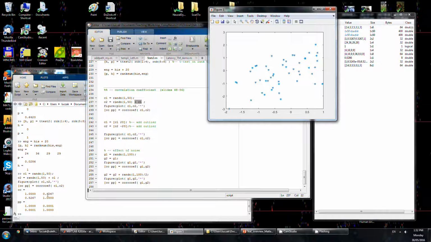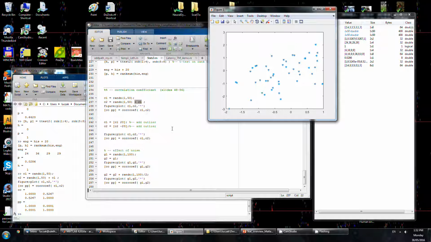So those 2 vectors are now correlated. If we execute this, we see that the correlation coefficient between both vectors is 0.52, which is a positive correlation, meaning they are correlated to each other.